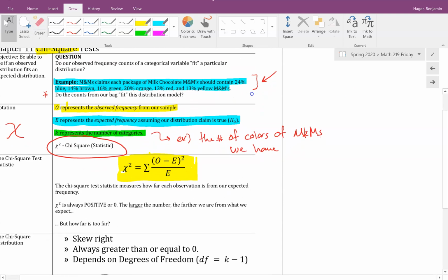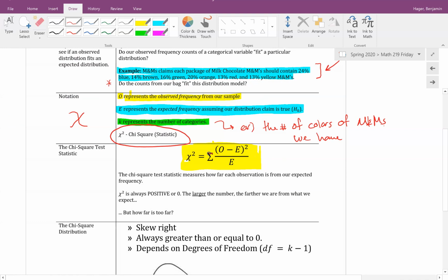If you remember, this symbol means to add everything up. The summation symbol means we add. So for each category, like each color of M&M, I would take what I observed from my sample minus what is expected. I square that so that I always get a positive quantity, because if E was bigger than O, this would come out negative, and if you add a bunch of positive and negative numbers, they can cancel out.